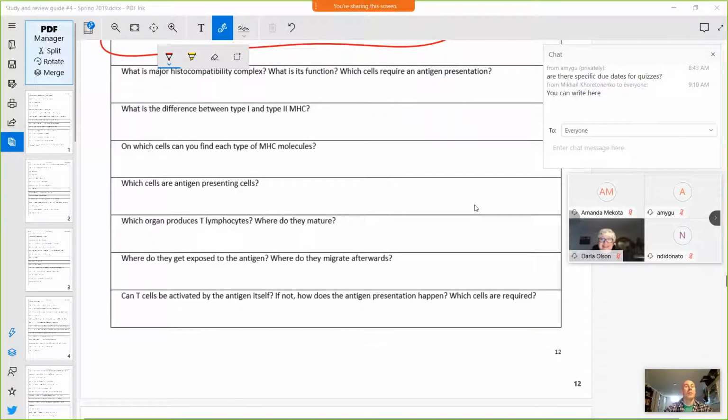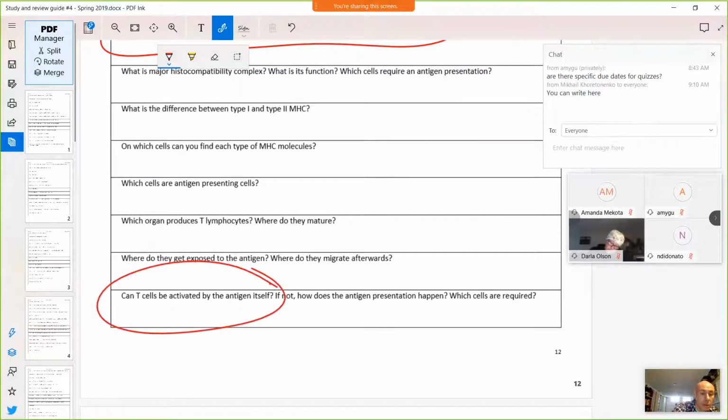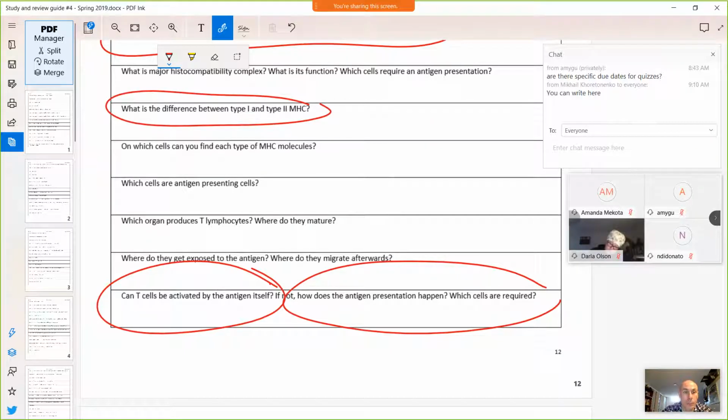Okay, major histocompatibility complex. So for our intents and purposes, things to know. T cells are not activated by the antigen itself. They have to have antigen presented to them. Antigen is presented by antigen-presenting cells. Antigen-presenting cells carry on their surface both type 1 and type 2 MHC molecules.